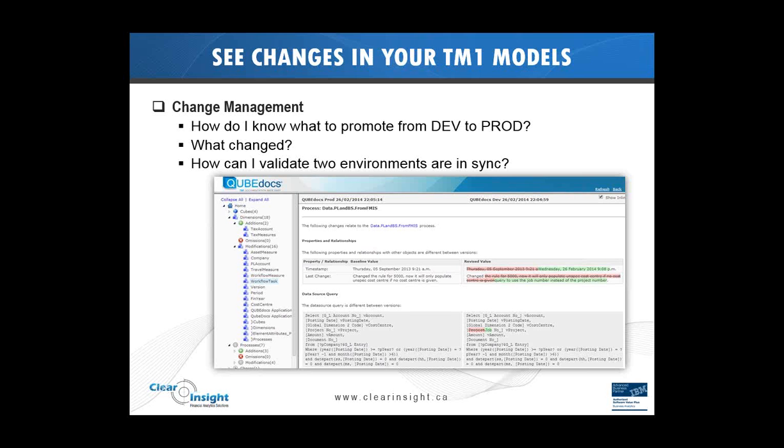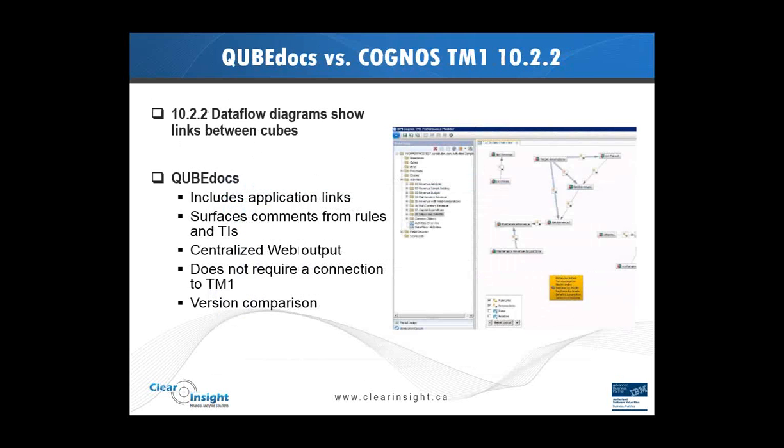Here's just an example. All that's highlighting in here, you see in red things that have been removed, green things that have been added, and different between the two models. So tremendously powerful when you get into your day-to-day management of TM1. And so QUBEdocs is very important in helping with change management.